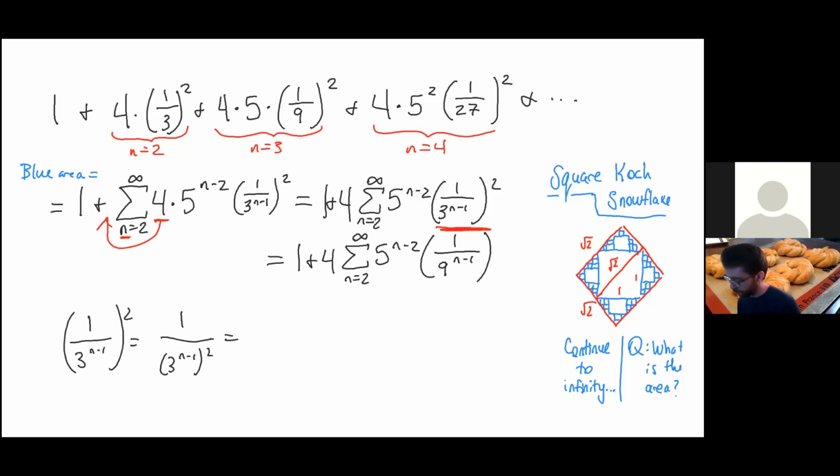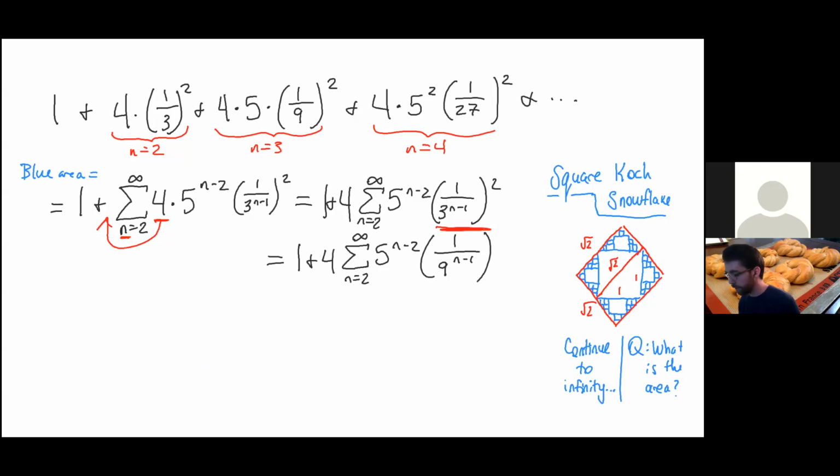Then rules of exponents say I should multiply those two things together. But multiplication is commutative, so I can swap the order they're in without changing anything. You may not have seen that before, but it's a clever trick you're allowed to do. And then I know 3 squared is 9, so that gets me to what I wrote here. Okay, let's erase that sidebar. Hopefully that convinced you that what I did is totally fine.